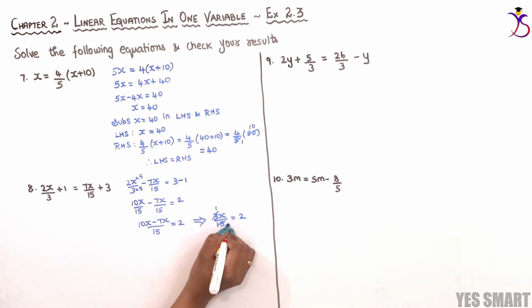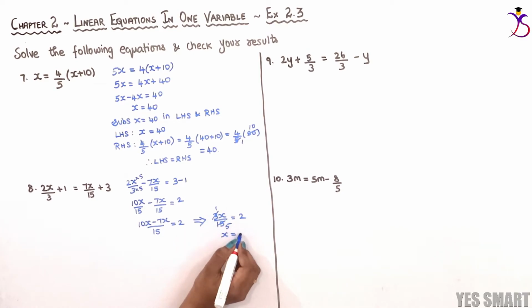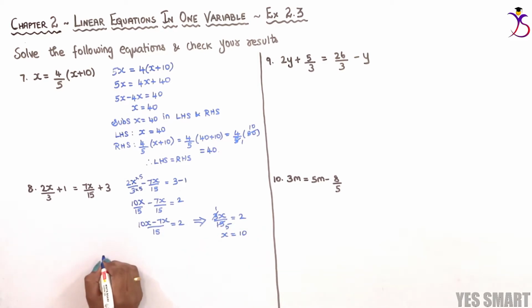3 fives are 15. Now let's transpose this 5, which becomes multiplication. So x is equal to 2 into 5, which is 10. Substitute x is equal to 10 in LHS and RHS.